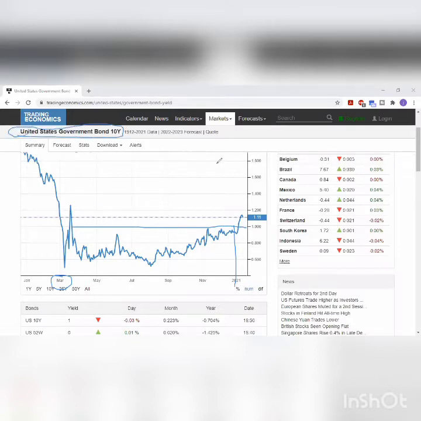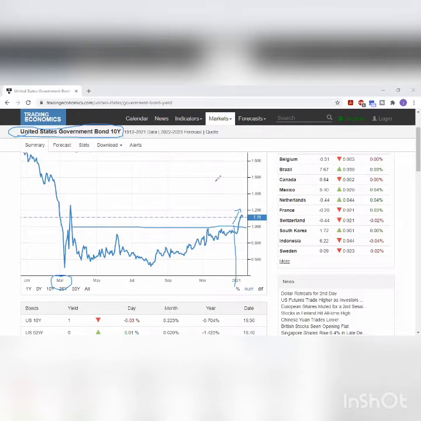So hindi po siya lumagpas ng 1%. And eventually, nagkaroon ng very sharp na move. This move right here. A very sharp move.